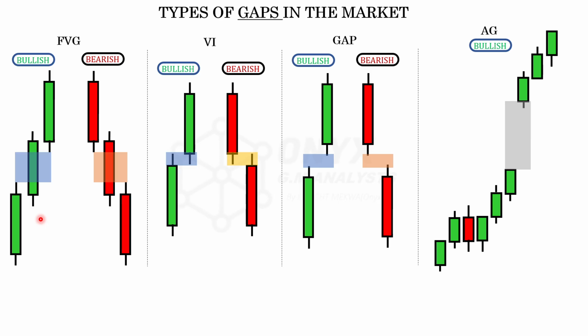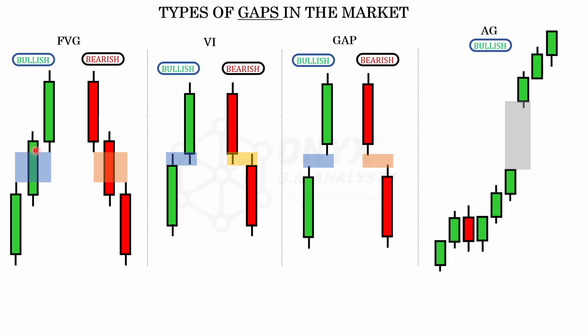So we have here what we call a bullish fair value gap. And how do we spot a fair value gap? A fair value gap is formed in between candles. Here we have the first candle, the second candle, and the third candle, and they were all showing bullish momentum rising to the upside. Now, I want you to look at this.